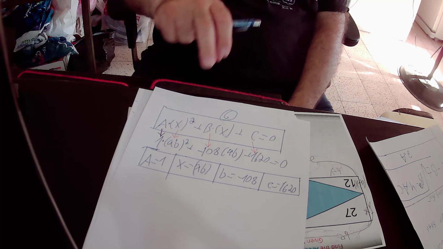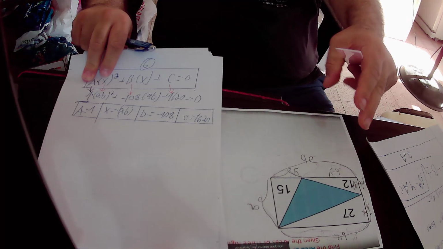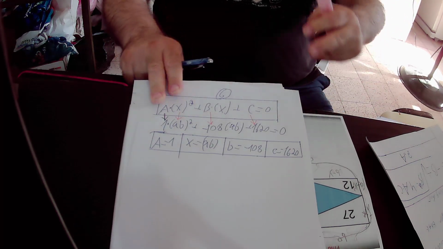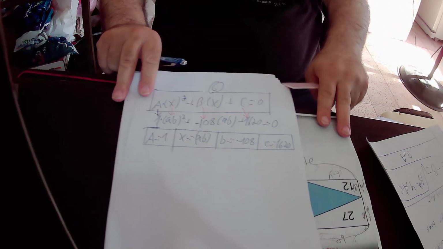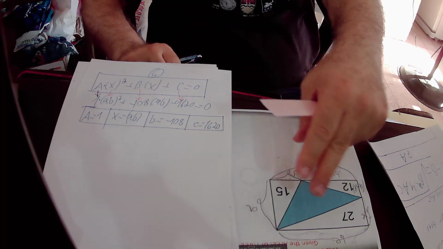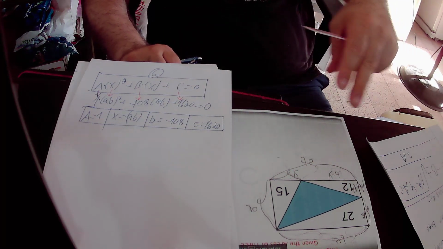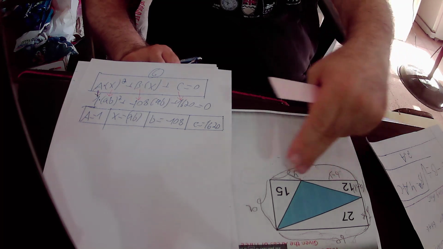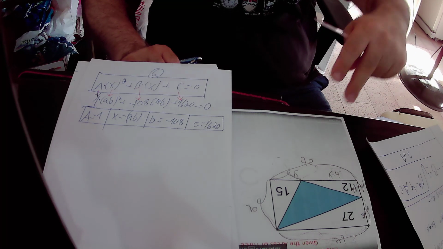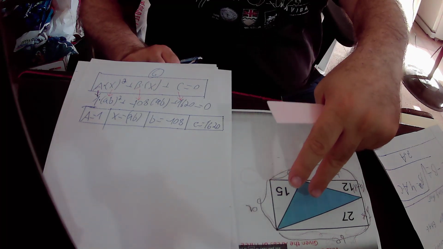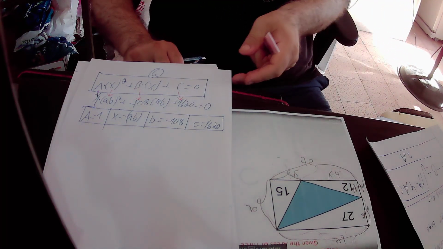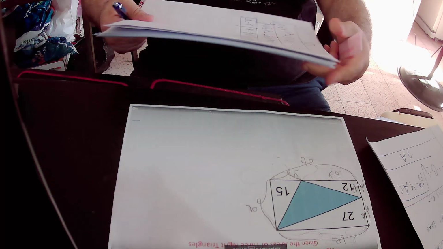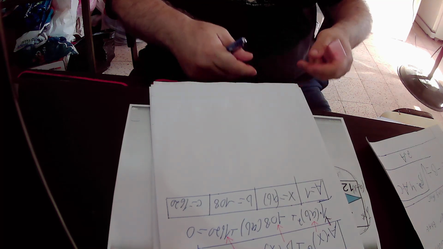That is actually the area of our rectangle. And as I already told you, after we find the area of this rectangle, we will subtract from this area the sum of the areas of those three right triangles, and in this way we'll get the area of the blue triangle. Okay, so we will write down the special equations for x.